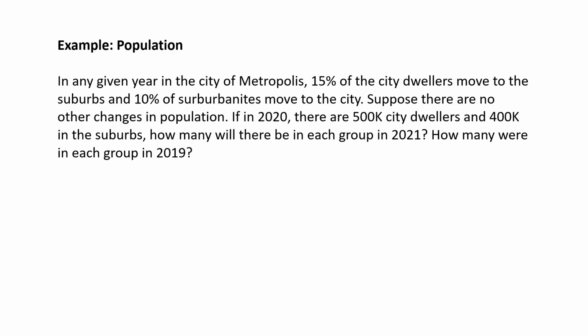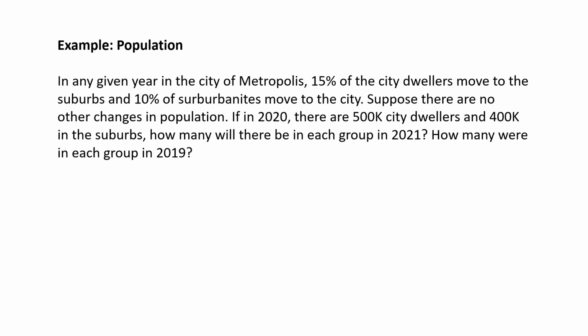But let's say that every year in this city, 15% of the people in the core of the city move to the suburbs, and 10% of people in the suburbs move into the core of the city every year. So in 2020, we have 500,000 people who live in the core of the city, 400,000 in the suburbs.